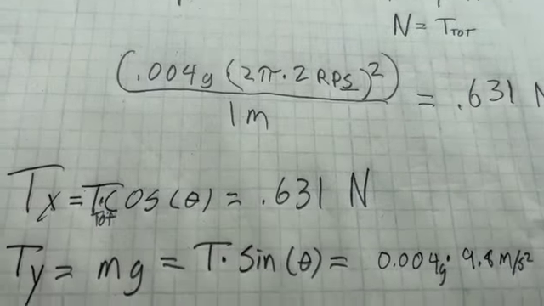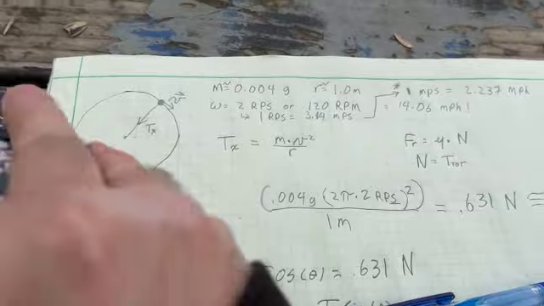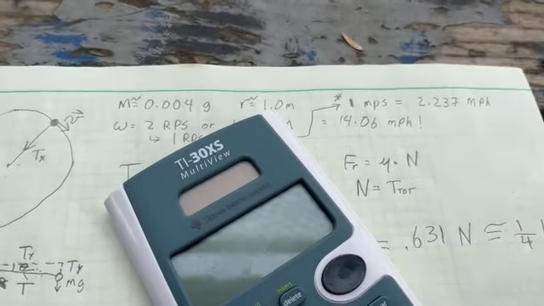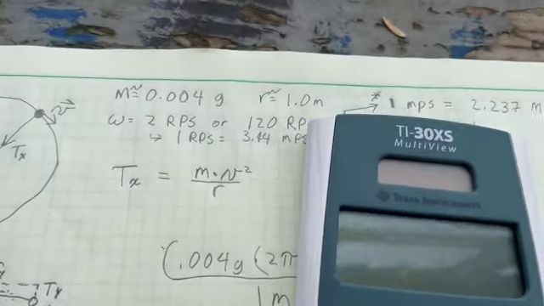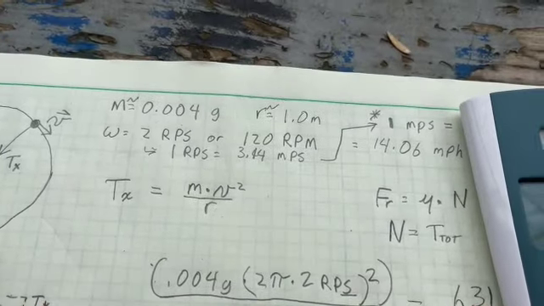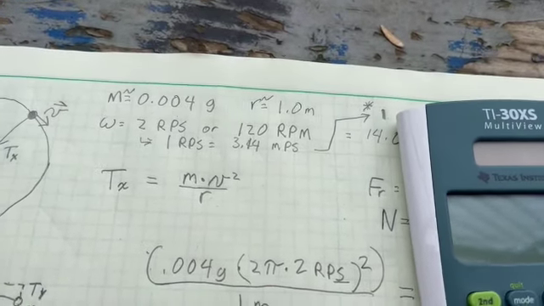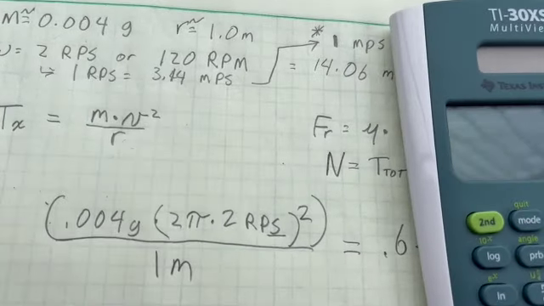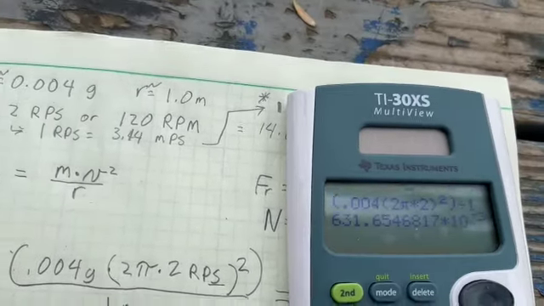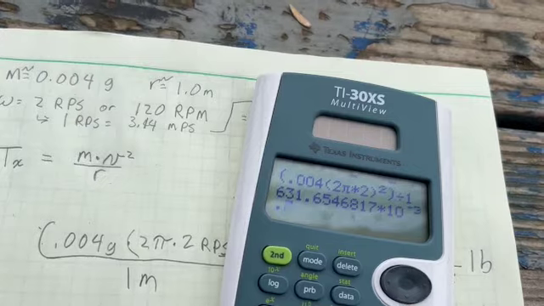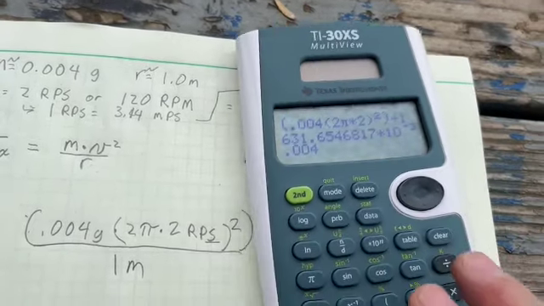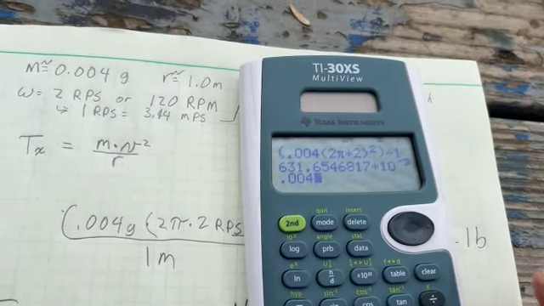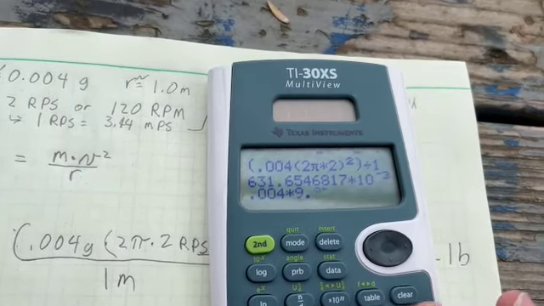So let's go ahead and pull up our handy dandy calculator here. I could do this one in my head, it's like 0.0392, I'm guessing. But let's do it on the calculator. 0.004 times 9.8.